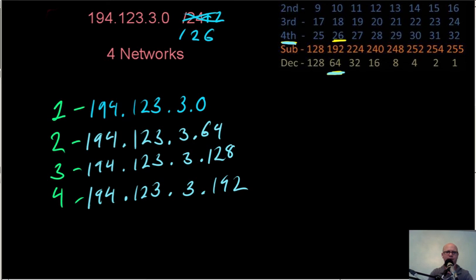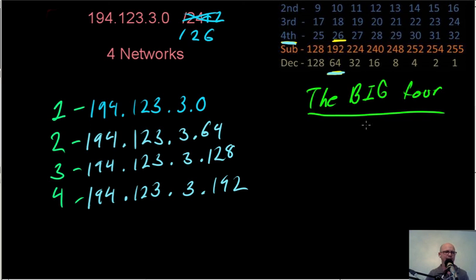Now, to the fun part. The big 4, just like a Jeopardy category. All right. Now, what were our pieces of information? Net, first, last, broad.